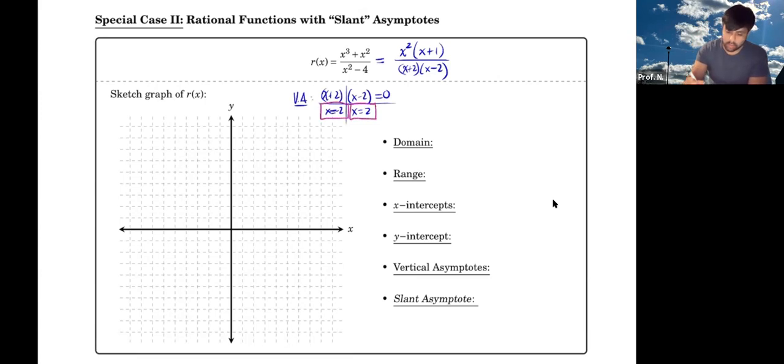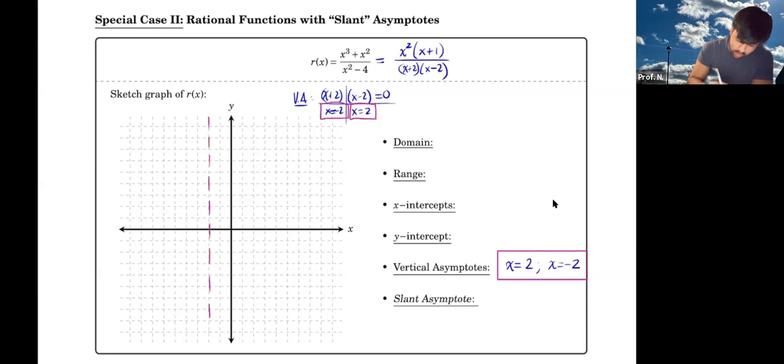Those are my vertical asymptotes. So I'm going to draw that at -2 and at +2.